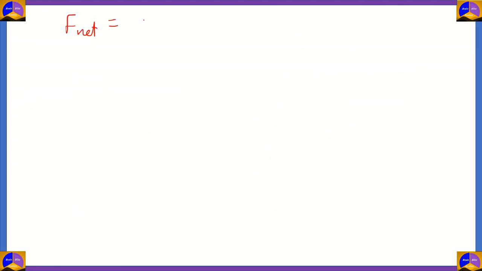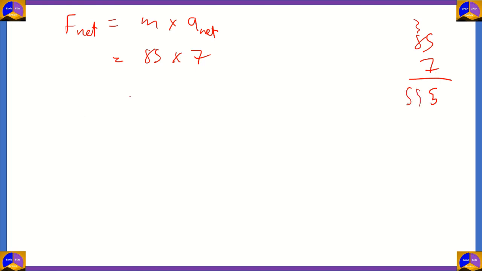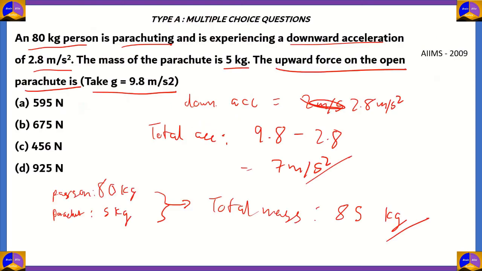That is F net, which is equal to mass times the acceleration net, so the acceleration on the open parachute. So therefore you will have the mass is 85 and A net is 7, so 85 times 7, 5 times 7 is 35, 8 times 7 is 56, 56 plus 3 is 59, so therefore 595 newtons is the net force which is acting upward on the parachute, on the open parachute.